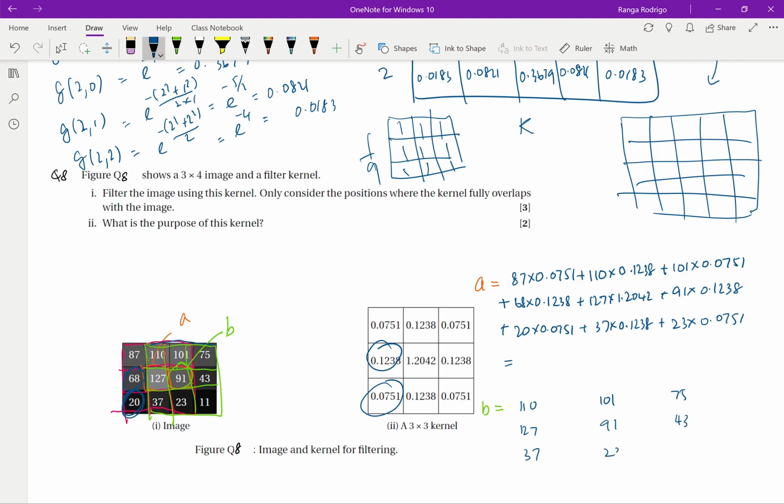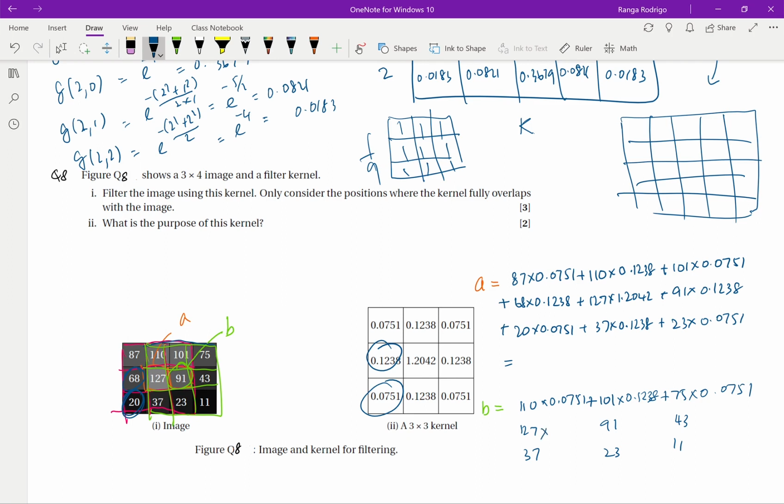37, 23, 11. So this multiplied by 0.0751 plus 110 multiplied by 0.1238 plus 75 multiplied by 0.0751, and so on.